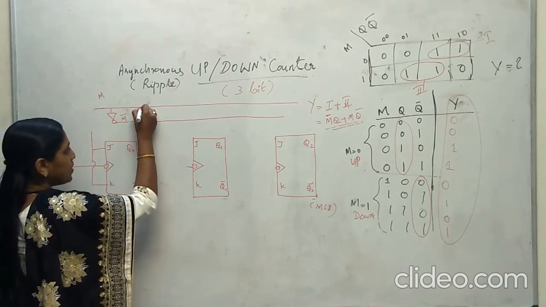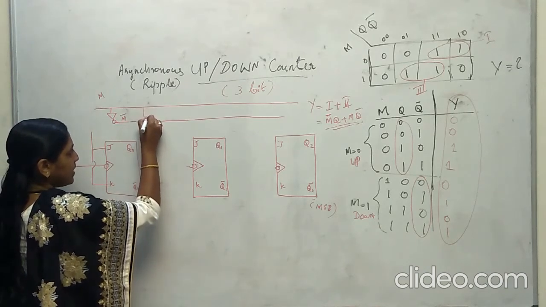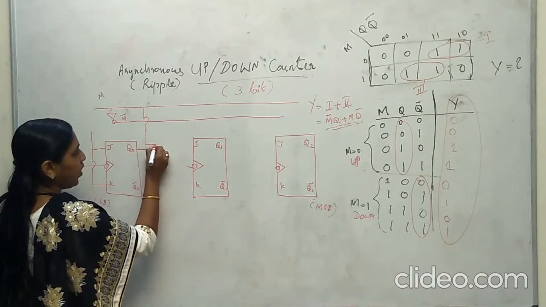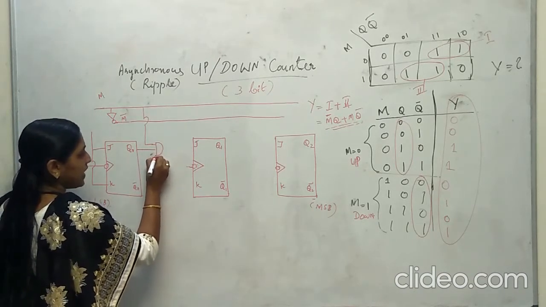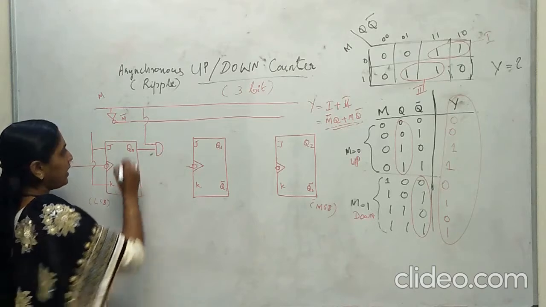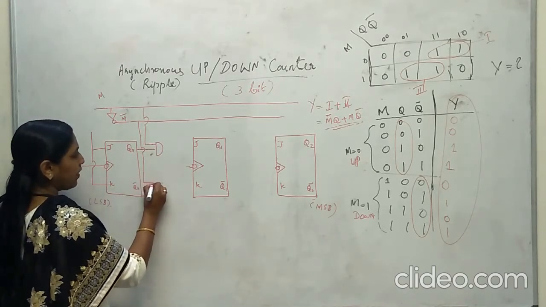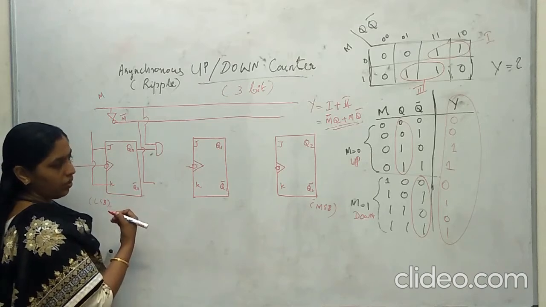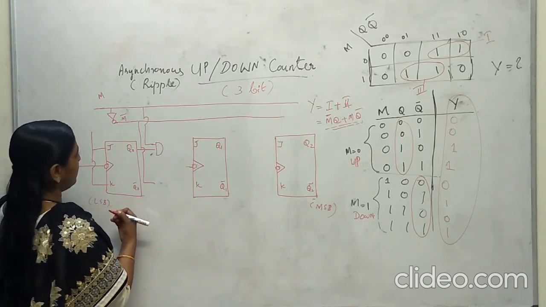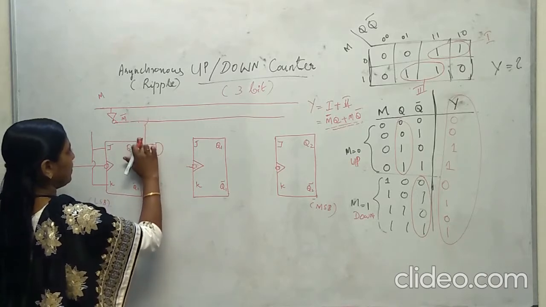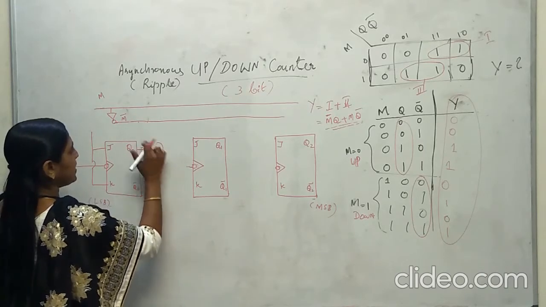If M is equal to 0, then I have to choose this Q0, and I have to take this as the output. Then if M is equal to 1 or M bar is equal to 0, this is M bar.